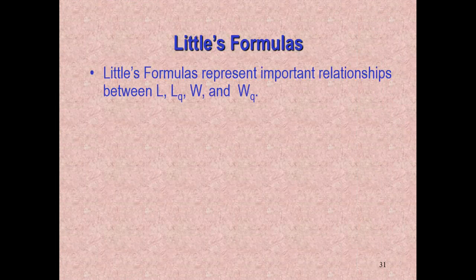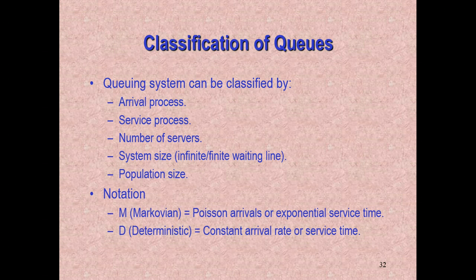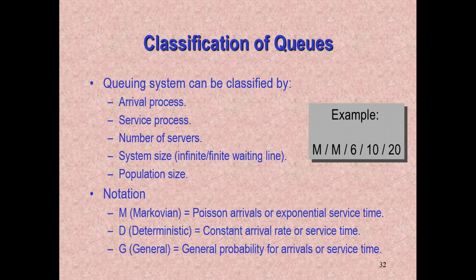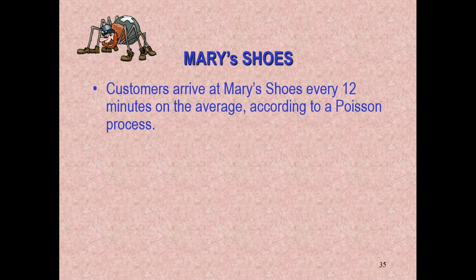People much greater than I have come up with these formulas. We're not going to drag you through these formulas. We're going to use the template that uses them. So let's take a look at an example. These are all the formulas that we don't have to worry about.